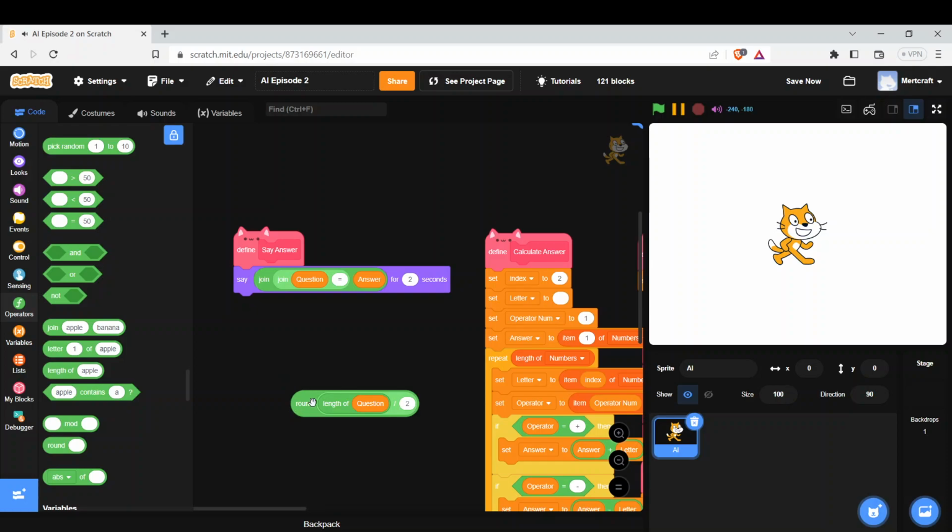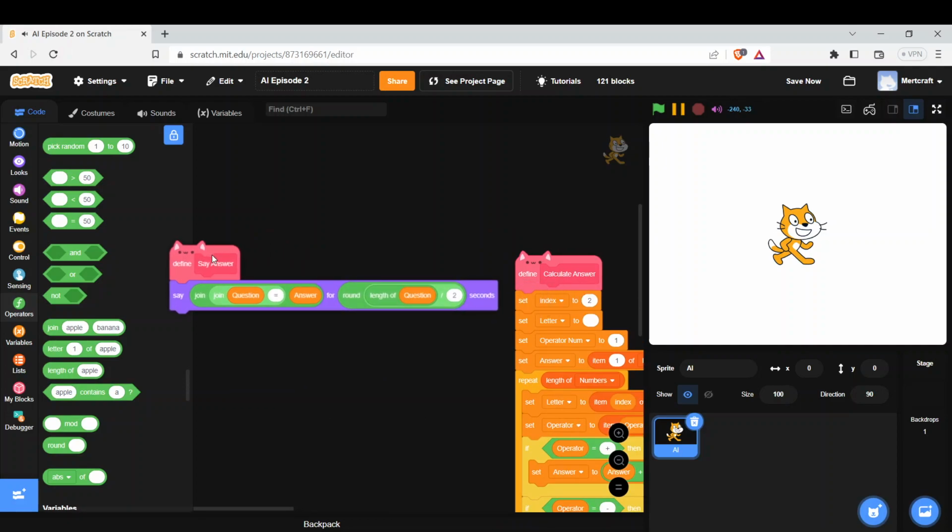So like if we put 1 plus 1, the length of our question is 3. 3 divided by 2 equals 1.5. Round 1.5 equals 2. So it should wait for 2 seconds if we ask 1 plus 1.